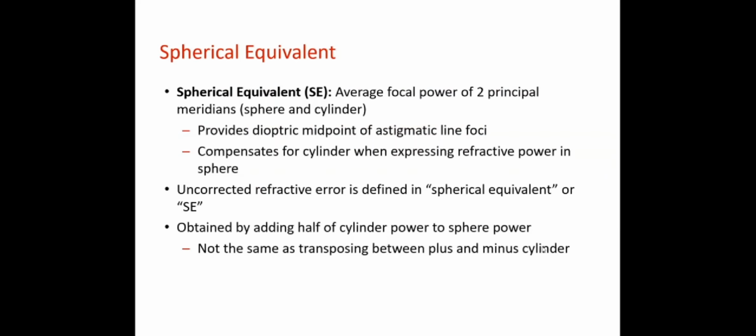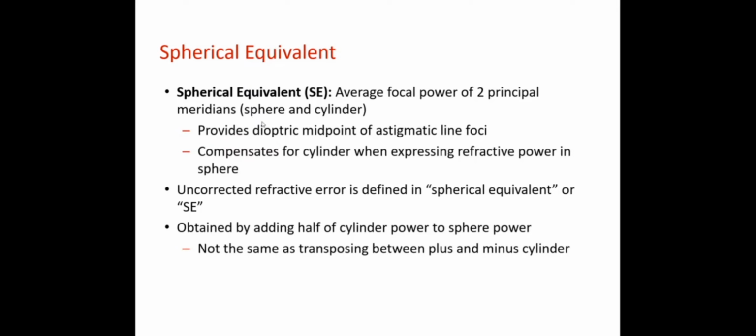Okay, now the other concept is spherical equivalent, right? So spherical equivalent represents the focal point of the two principal meridians, right? So this is a very easy way to correct astigmatism without using cylinder powers, right?